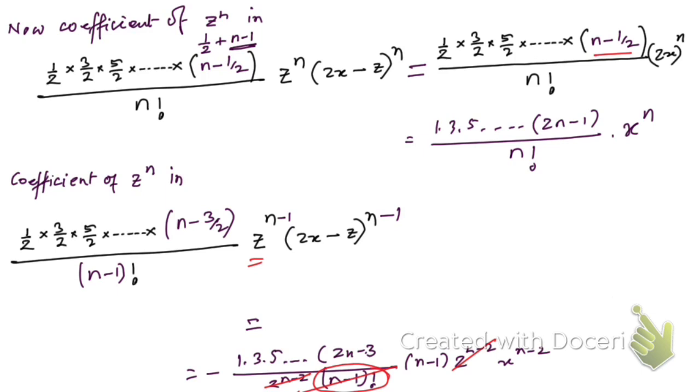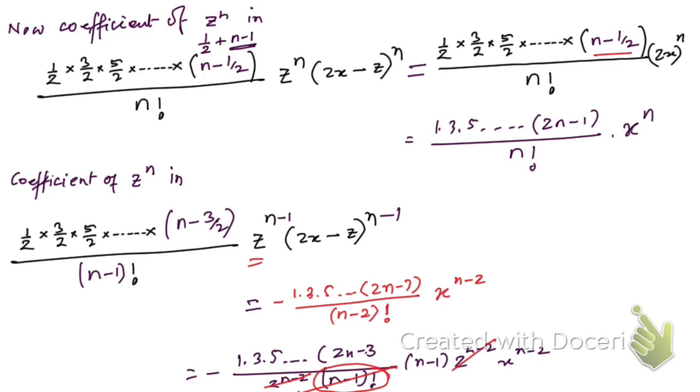Then we're gonna have minus 1 into 3 into 5 into dot dot dot twice n minus 3 divided by n minus 2 factorial, then x to the power n minus 2. That is what we're gonna have, right?